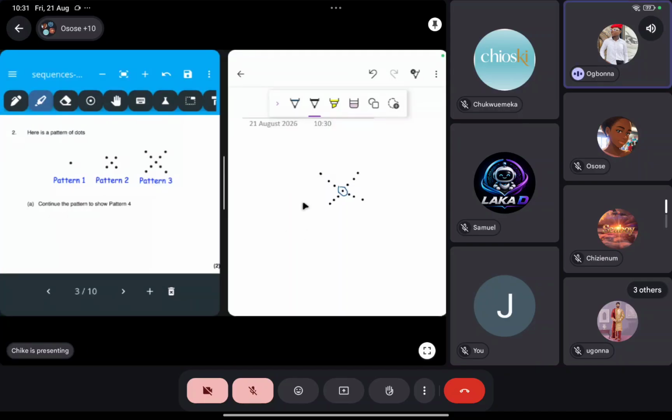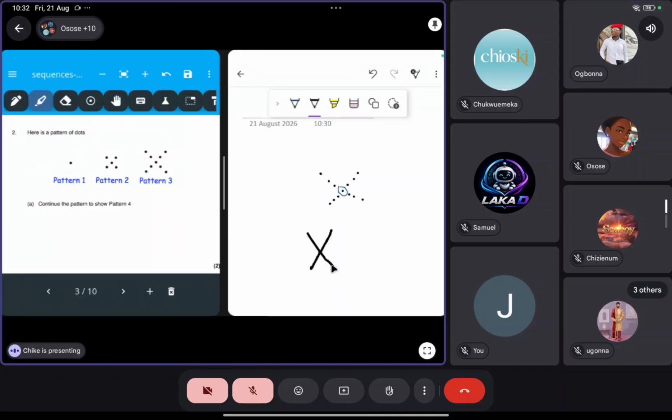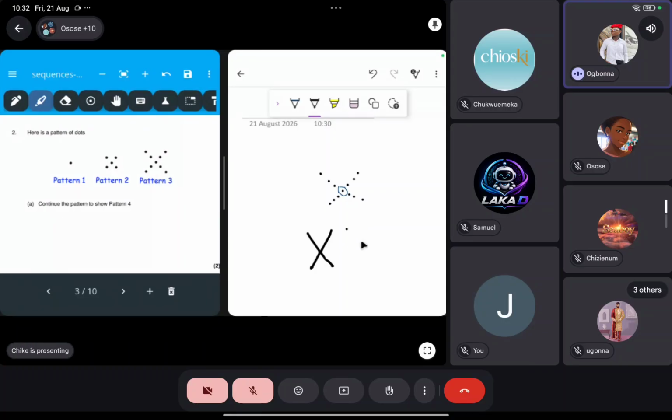My pattern is looking at it in a V shape, like V up and then V down. Since in pattern 2 it was 1, pattern 3 is now 2.